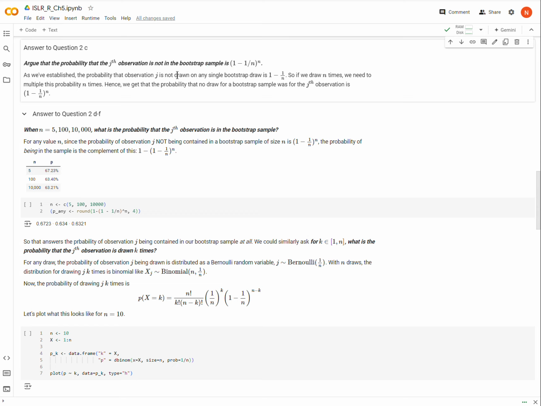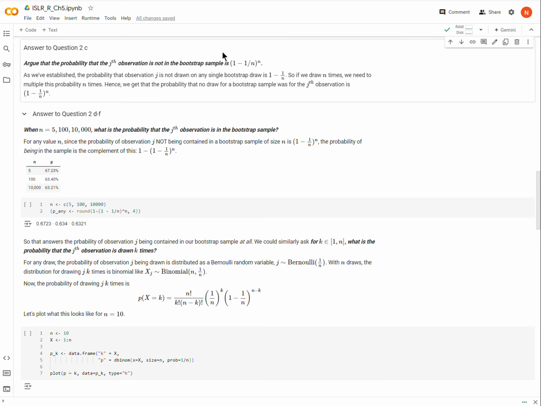So in other words, we create a bootstrap sample that has n draws. And we want to know the probability that the jth observation from the data is not in that bootstrap sample. It tells us that this is that probability, and so we want to somehow derive that or justify why this might be the case.